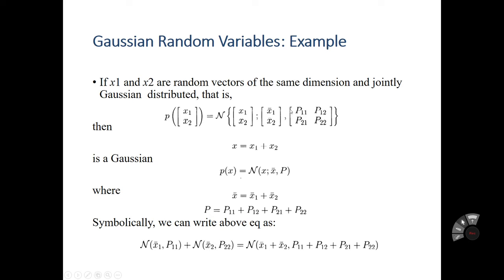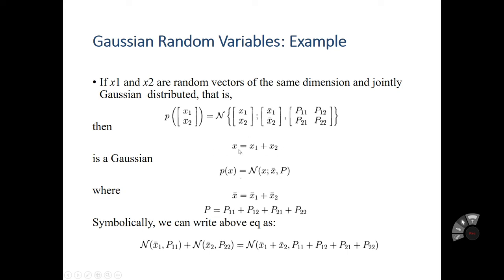So this covariance is a matrix because we are applying a joint distribution. So P11, P12, P21, P22, because we have a two-vector random variable, then the covariance must be a 2 by 2 matrix, and then our argument involves x1 plus x2.